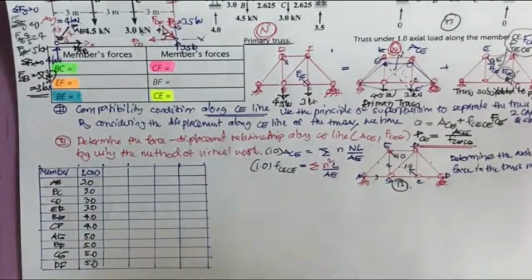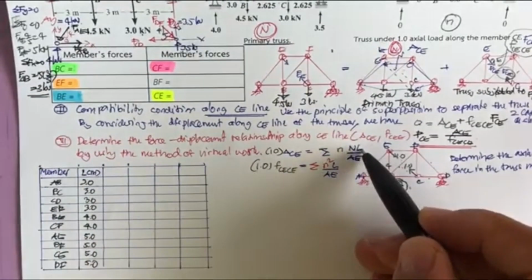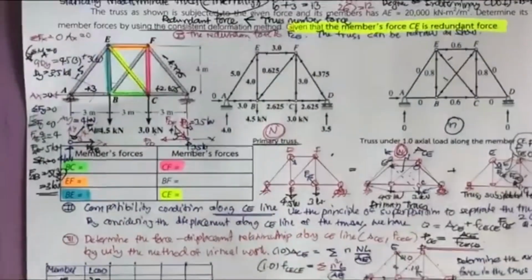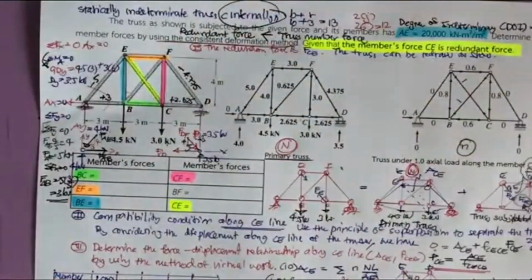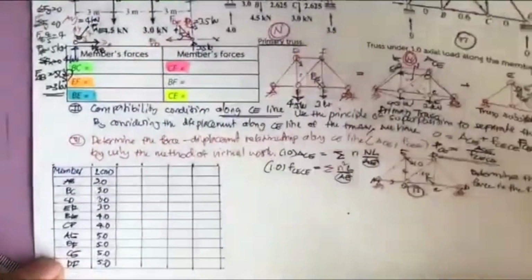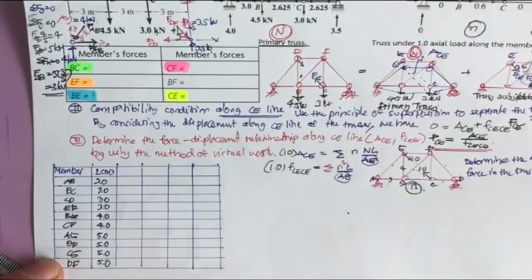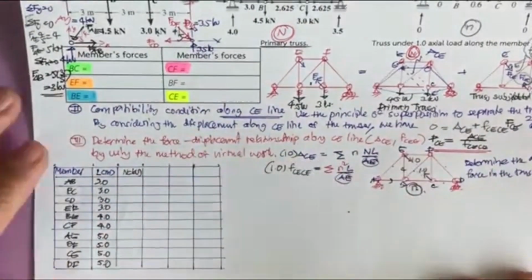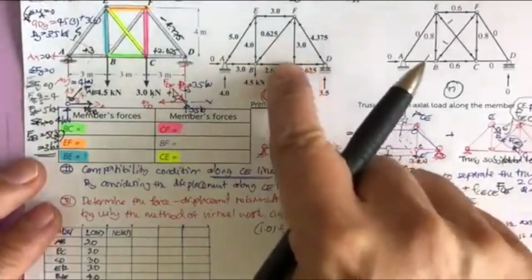From this equation, you have the member, you have L. AE you don't need, because AE is set up as a constant of 20,000. All the members have the same AE. And then you have the capital N in kilonewtons. You must copy all the N from here.